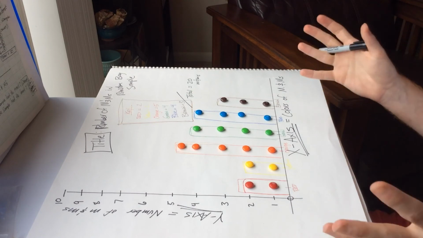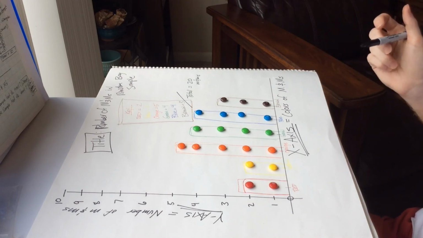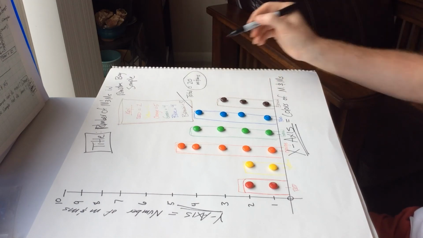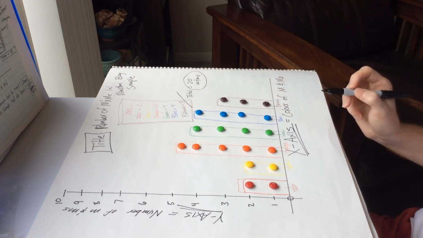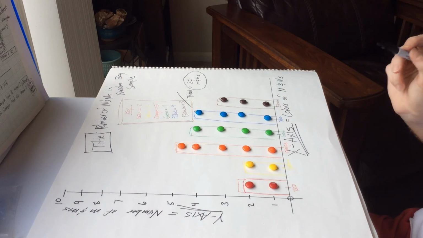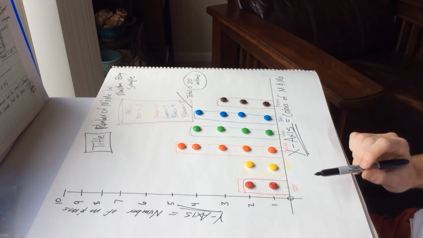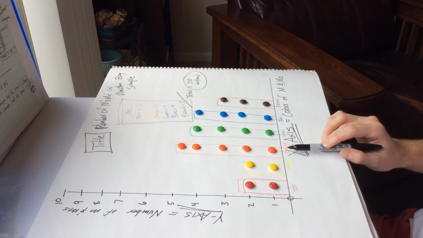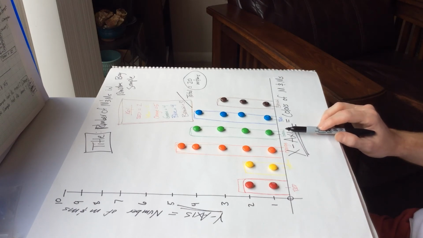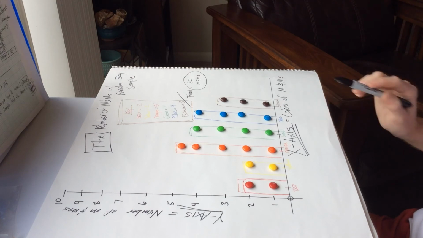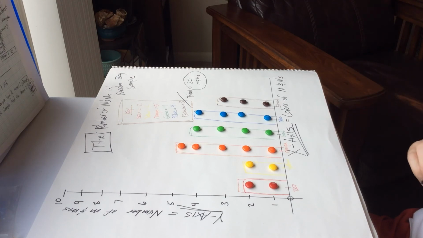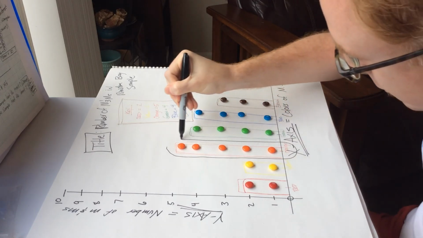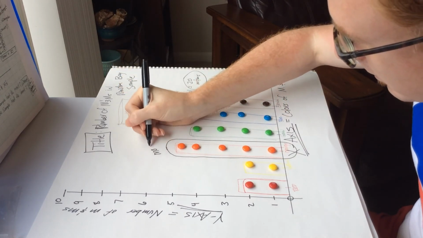Now let's read up on our bar graph. So let's ask ourselves which color from the sample of 20 M&Ms had the most of all. So let's look. Red had 2, yellow had 2, orange had 5, green had 4, blue had 4, brown had 3. So the most is orange.